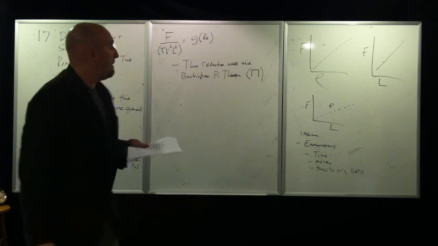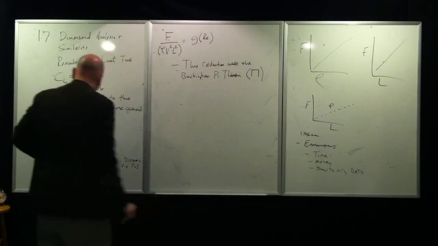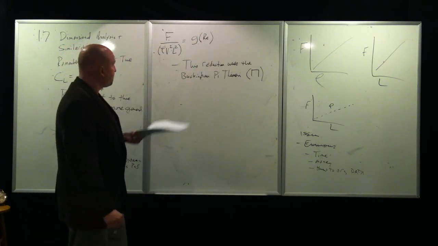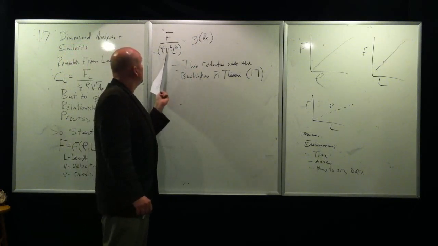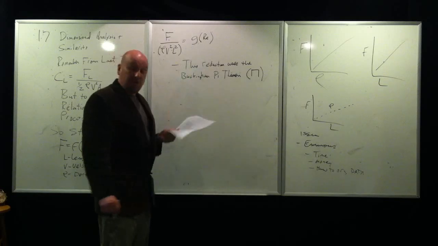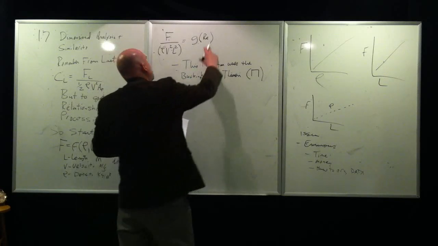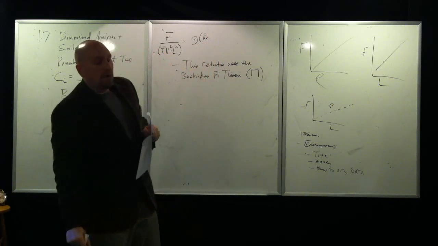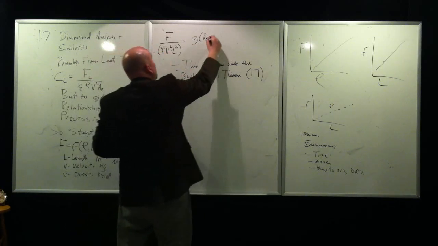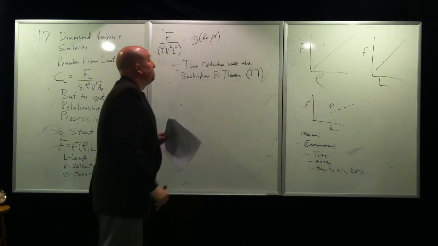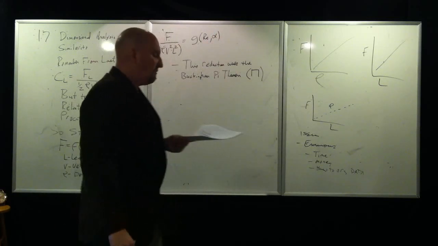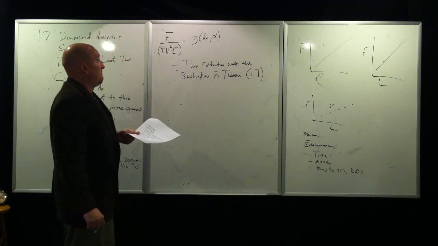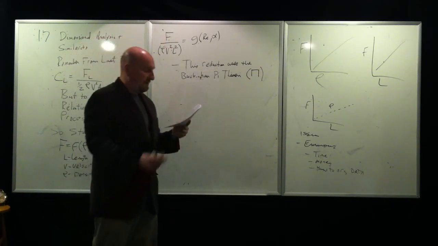Again, it's beyond the scope of this class, but there is a way to take this function, collapse it down, where if you vary Reynolds number, you can get a nice representation of data as a function of just Reynolds number. And technically, if we're talking about an airfoil or an airplane, the angle of attack, alpha. Since that's what we originally introduced, the angle of attack is going to be an important parameter that we can vary.